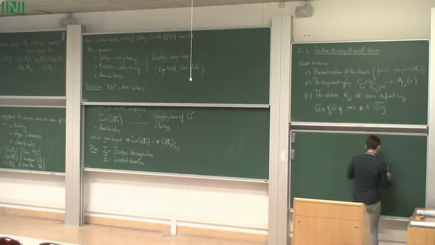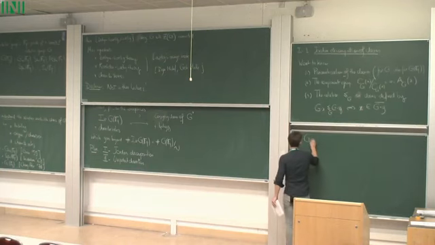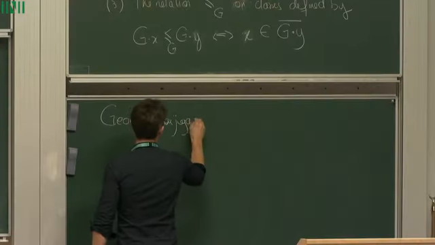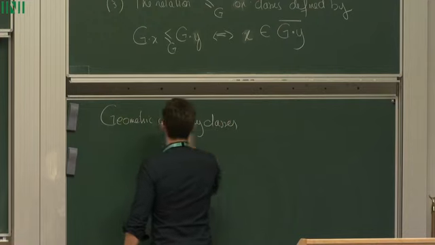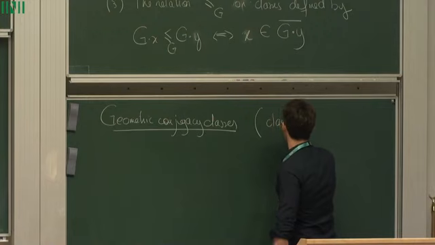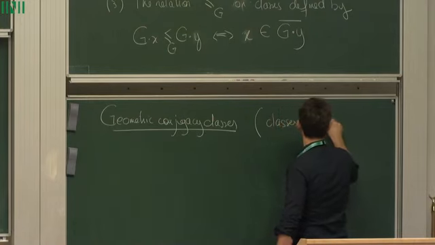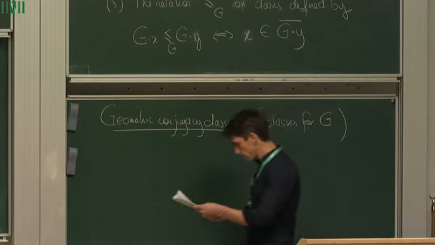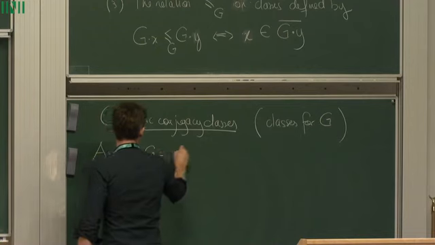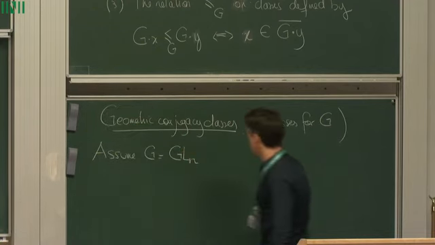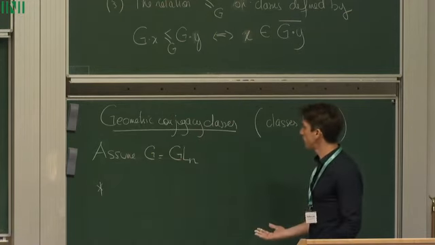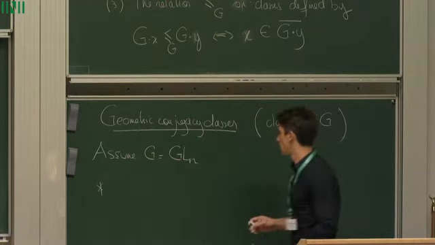All right, so I'll start with the geometric conjugacy classes. By geometric, let me insist on that, I mean the classes for the algebraic group, so the orbits, the conjugacy classes for G. So let's start with GL_n, a situation that probably all know very well. In GL_n, you have two kinds of elements that I would like to consider.